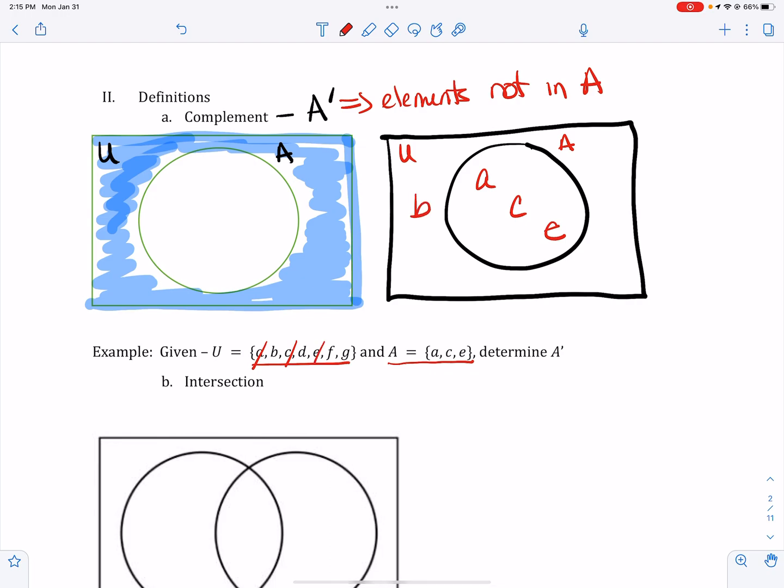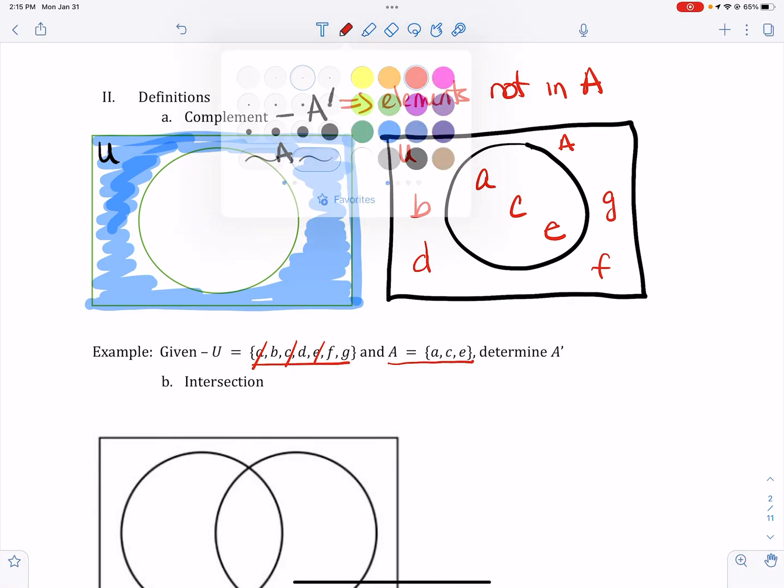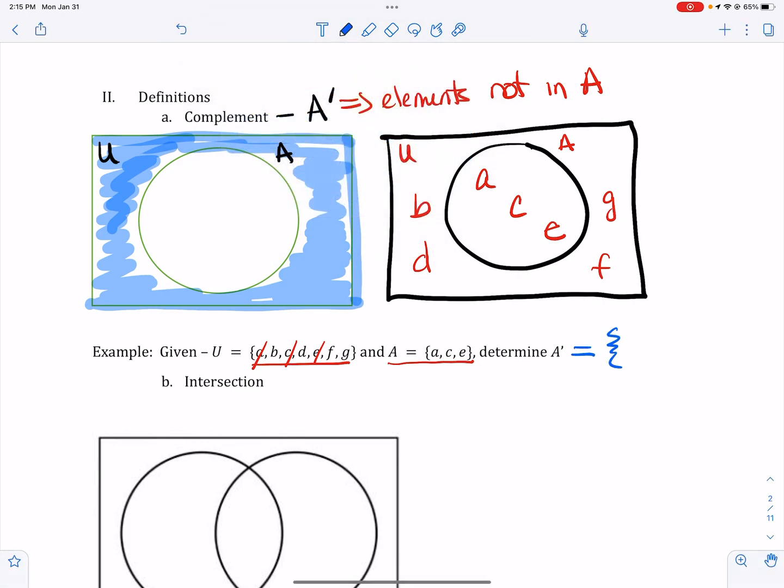And what's left is B, D, F, and G. And it's not really important where you put those, just making sure that the ones that are in the circle are in A, the ones that are not in the circle are not in A. And so if I were to write the complement, I will write the complement is anything in the box, but not in the circle. So that would consist of the set B, D, F, and G.